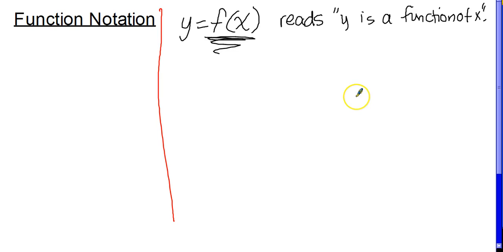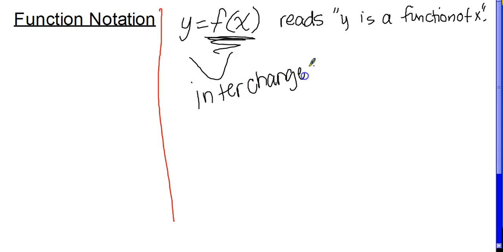So that's a function. y is what we get out of a function. We put x in, we get out y, and y is interchangeable with f of x. I can change them back and forth all I want. So if I want to solve an equation for x, and it's an f of x, I have to change the f of x to a y so I can solve it. They're interchangeable.